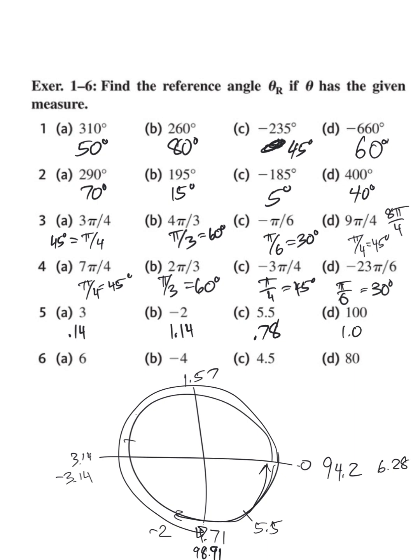Sorry, it wants the reference angle. So if we go around 94.2 plus another 6.28, that's also 100.48. So that means 100 must be right here. So there's 0.48 left. All right, that was pretty difficult.